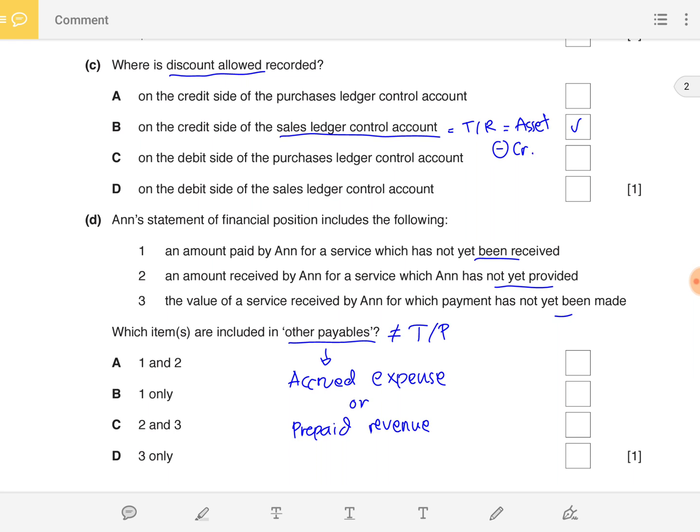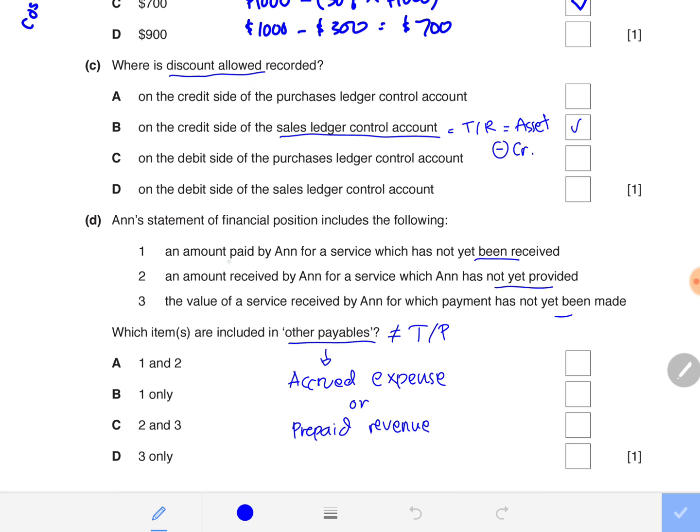Well, from number 1, an amount paid by N. We are taking N's point of view. An amount paid by N for a service which has not yet been received. So you paid for something that has not yet been received. That means you have spent money, but you haven't got the benefit out of it. So it is not a liability to you. Other payables is a liability to you.